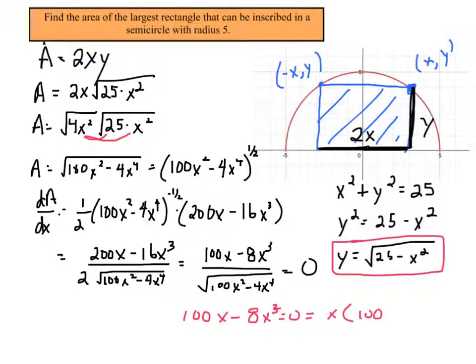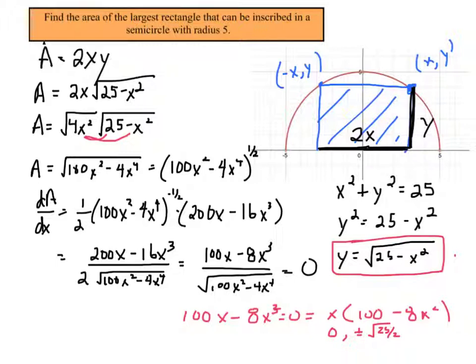It should be cubed. Okay. So one of the answers is 0. And this one, if you solved it, 100 minus 8x squared equals 0. You get plus or minus the square root of 25 over 2. Or, of course, just 5 over the square root of 2.